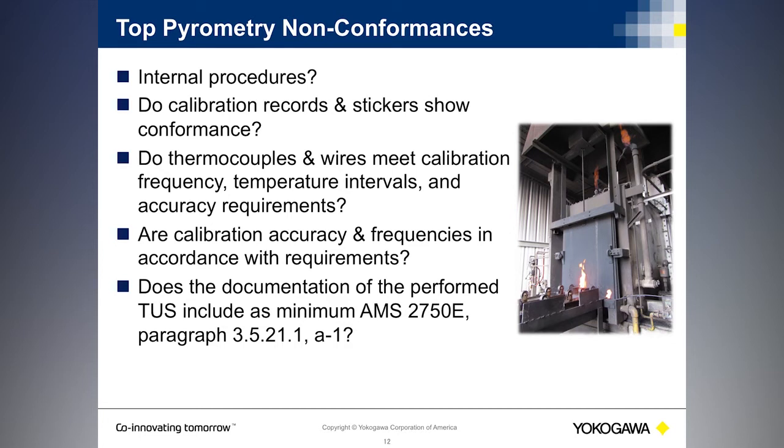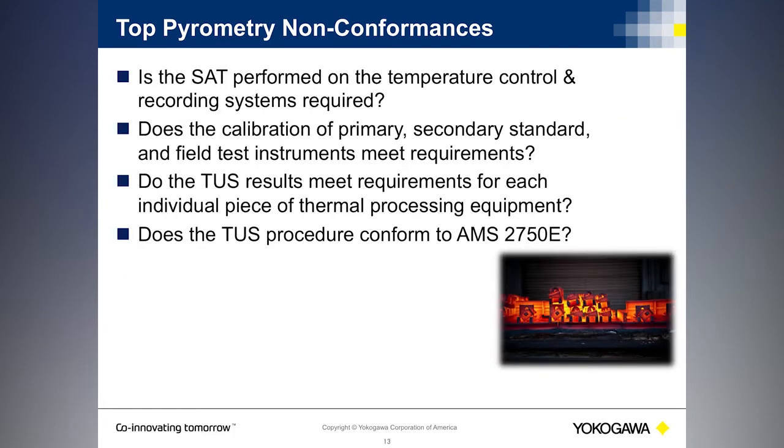Does documentation of the performed TUS include as a minimum all the reporting requirements described in 2750, paragraph 3.5.2.1, items A through Q? Are SATs performed on the temperature control and recording systems required by the applicable instrumentation type in each control zone for each piece of equipment?